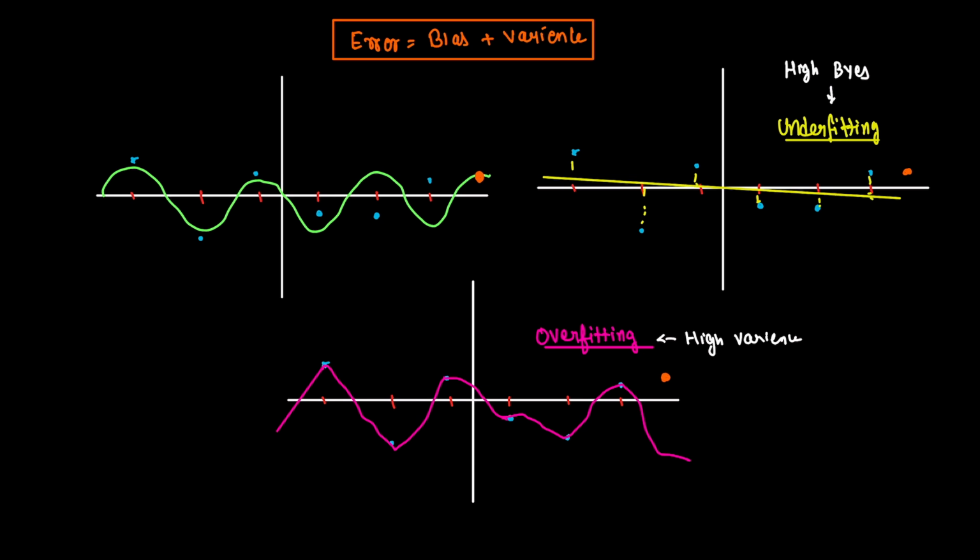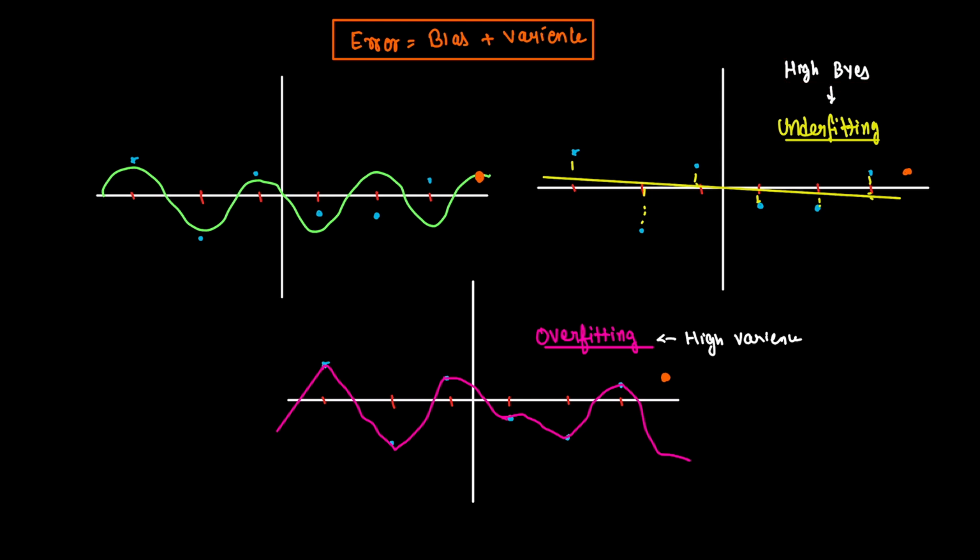For this data, you can see the prediction is off by a lot. There is so much variance. So when there is overfitting, it gives high variance, while underfitting gives high bias.